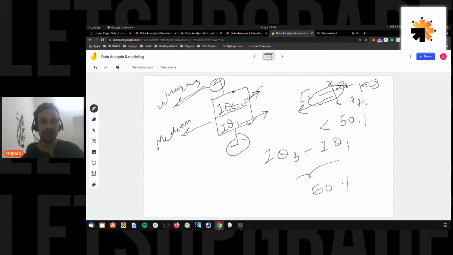This is your 75%, because this is your 75th percentile, and this is your 25% of the data, and again your 25% of the data. So this is your box plot, guys. Basically, it tells you 25th percentile, then median, then 75th percentile, and those percentiles are known as IQ1, median and IQ3. I hope I have made myself clear here, Kiran Babu.